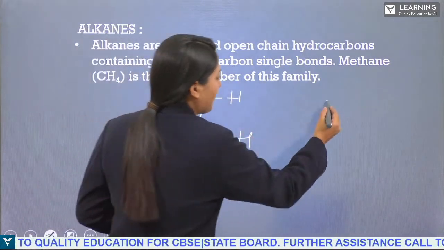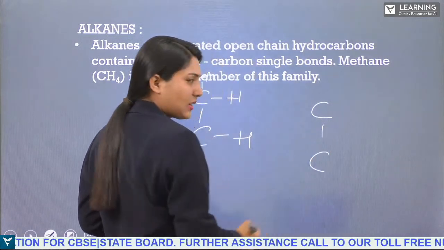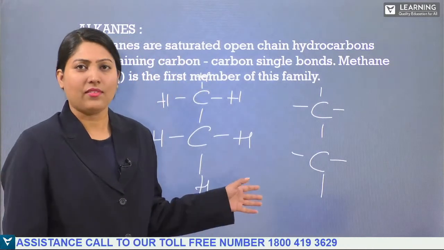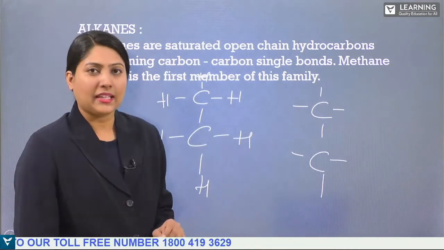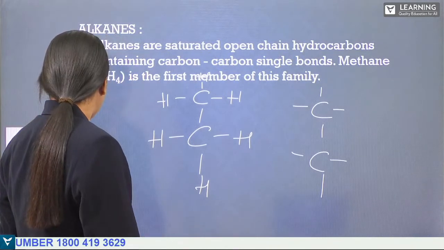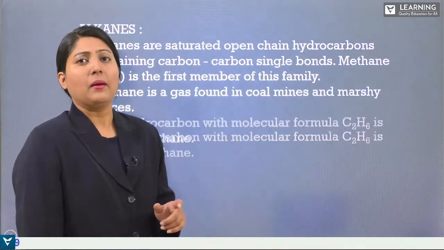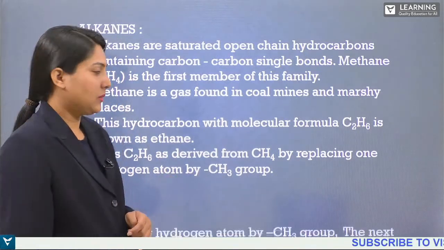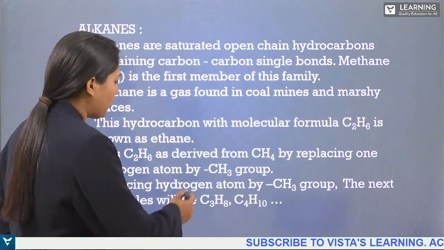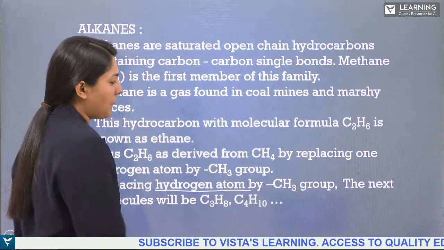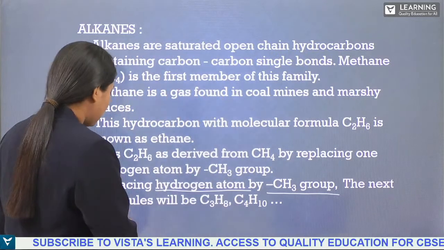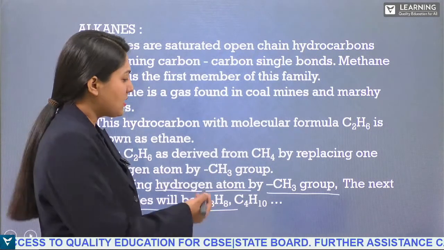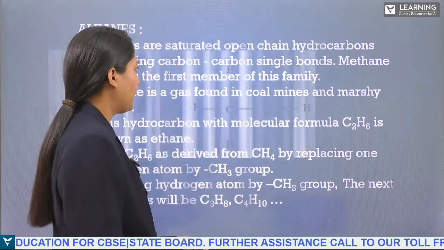That will give you 2 carbon atoms, single carbon atoms with 6 hydrogen atoms, satisfying its tetravalency. So that gives you ethane. Understood? So by replacing one hydrogen by a methyl group, we can get this ethane. So replacing a hydrogen atom by a methyl group, the next molecule will be formed, that is C3H8, C4H10 and so on.